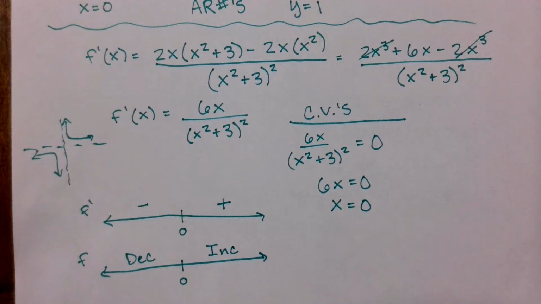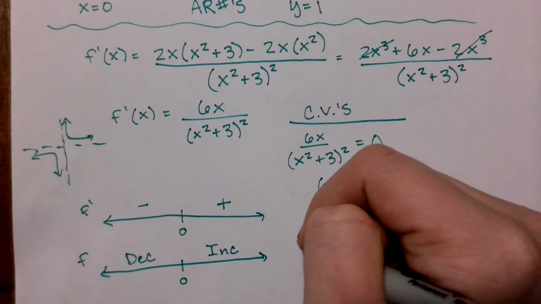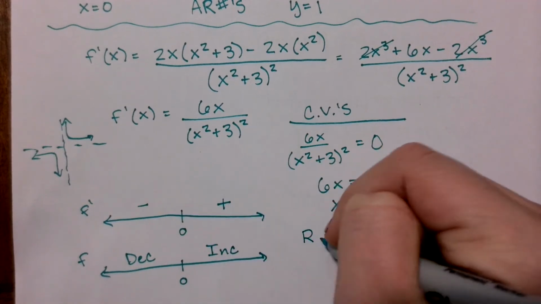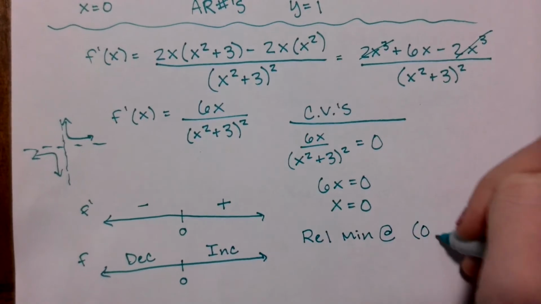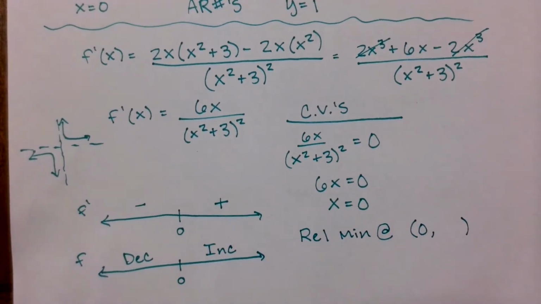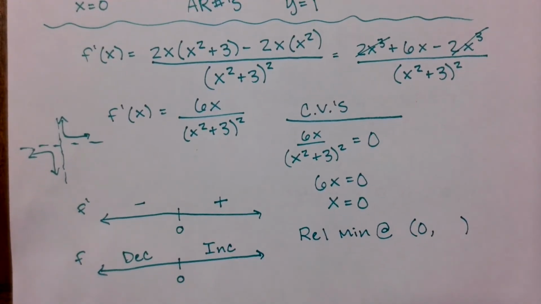Never mind. I looked at it beforehand. I thought it had a max, but it doesn't. That's good. So since it goes from decreasing to increasing, we know that there is a relative min at 0. And because we're going to be graphing this, we do want the y value as well.